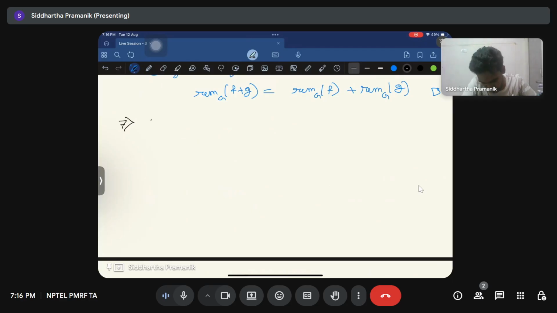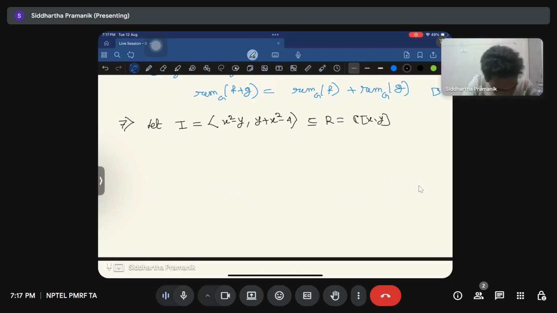So consider the ideal I, which is generated by x squared minus y, comma y plus x squared minus 4, in the ring R equals C[x,y], which is the polynomial ring in two variables over the field of complex numbers.